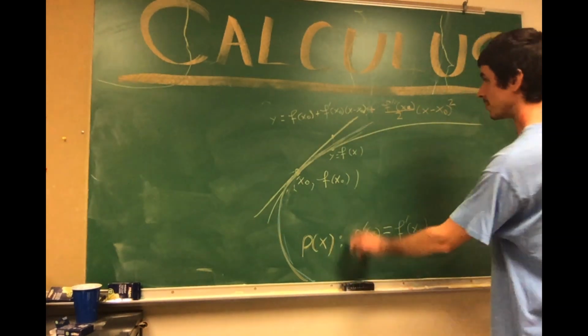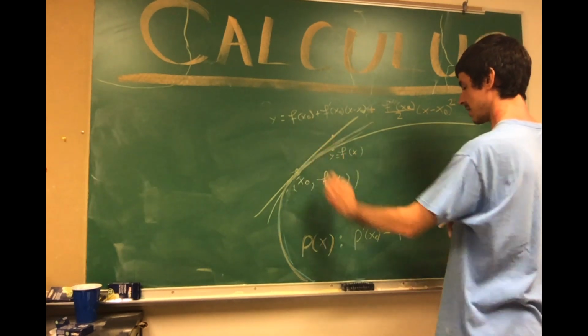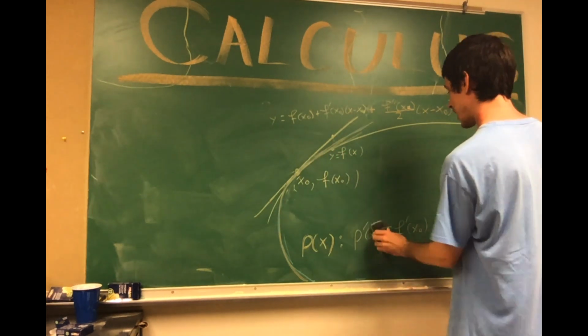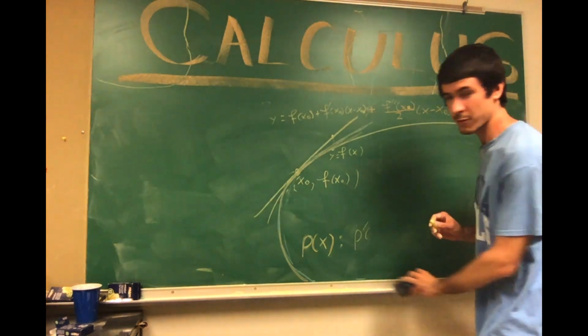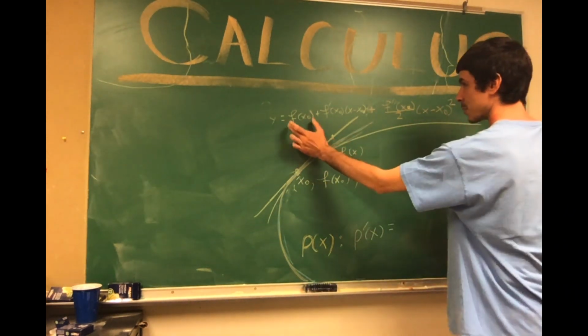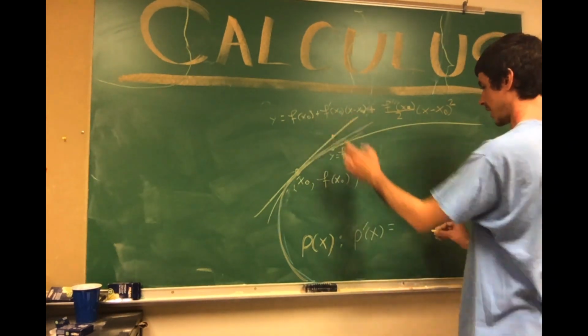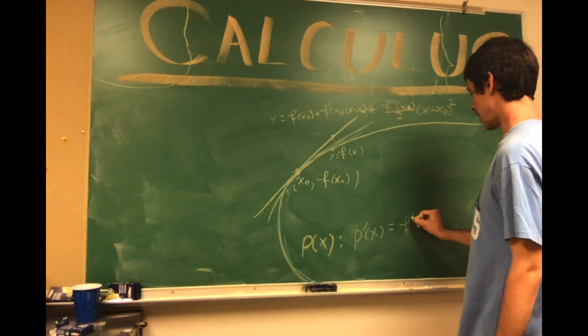Let me take the derivative of the whole thing before I say that. So p prime of x: this first term is a constant, this next part is just f prime of x0, right?